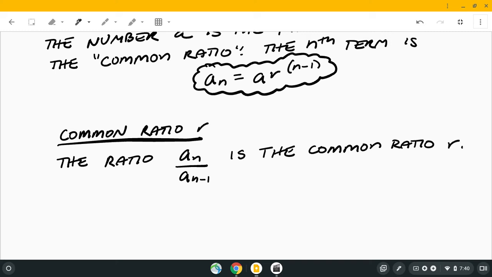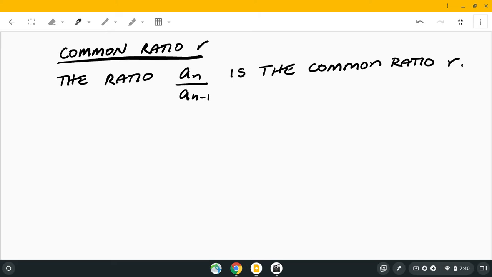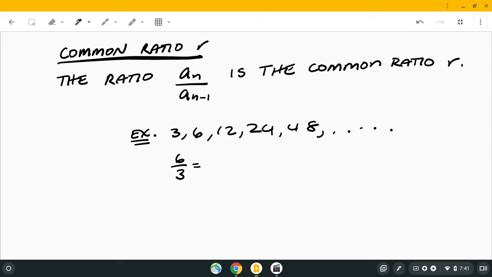Okay, so for example, suppose that I have this sequence 3, 6, 12, 24, 48. If I want to find the common ratio, I can pick any two consecutive terms and divide. 6 divided by 3 is 2.